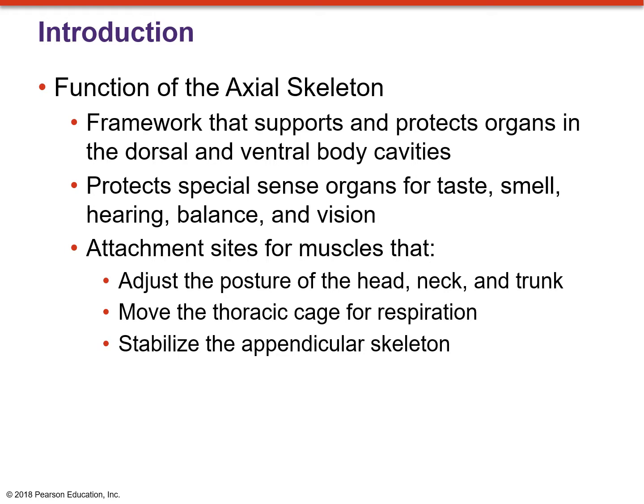It provides an extensive surface area for the attachment of muscles that adjust the positions of the head, the neck, the trunk, and perform respiratory movements. It also stabilizes or positions structures of the appendicular skeleton, and it also functions in the production of blood cells by that red marrow found in the portions of the vertebrae, sternum, and ribs.